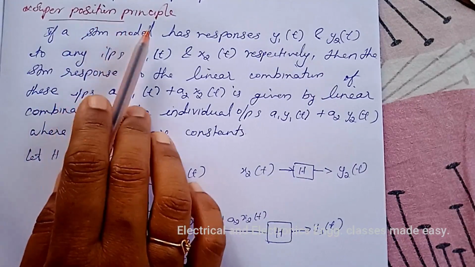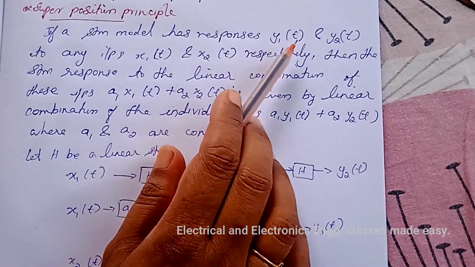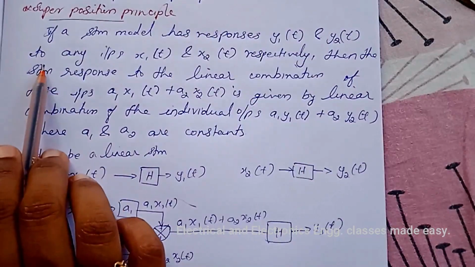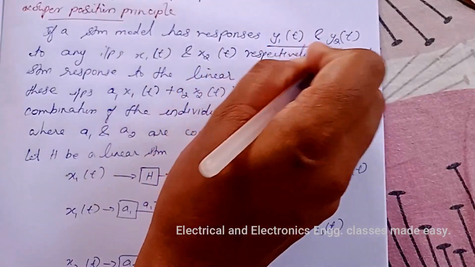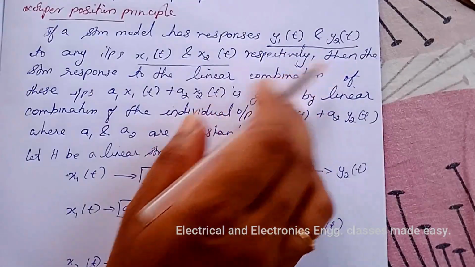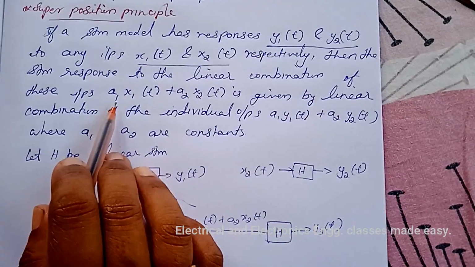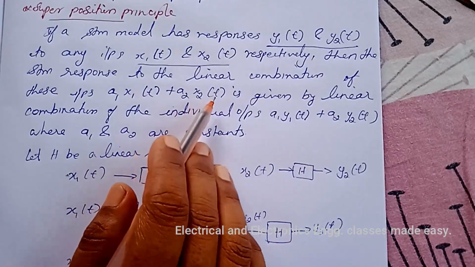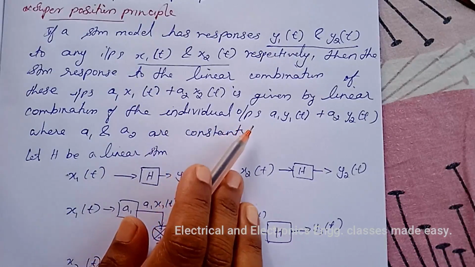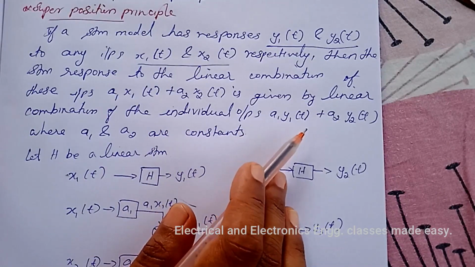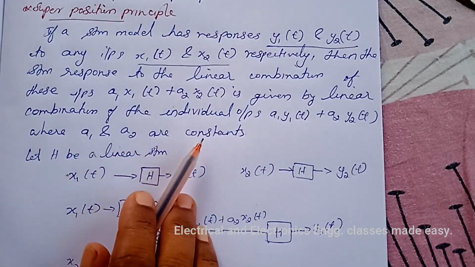The superposition principle implies that if a system model has responses y1 of t and y2 of t to any inputs x1 of t and x2 of t, then the system responds to the linear combination of these inputs, a1 x1 of t plus a2 x2 of t, with the linear combination of the individual outputs, a1 y1 of t plus a2 y2 of t, where a1 and a2 are constants.